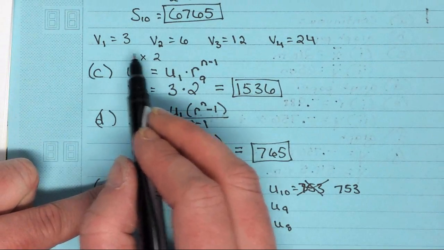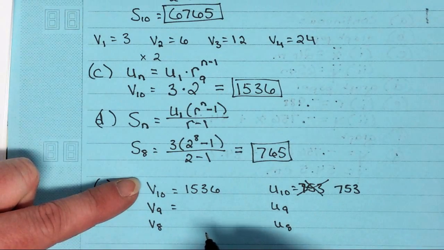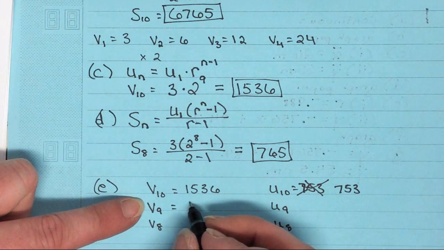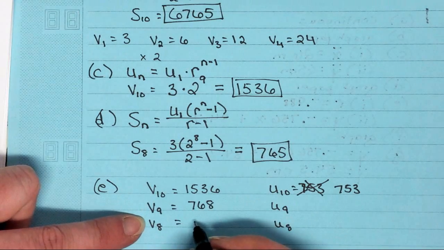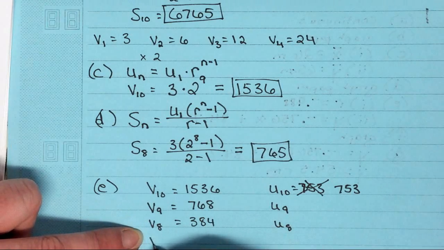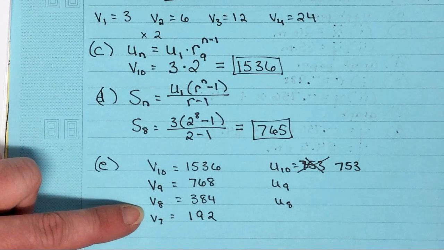And so I could work backwards. On V, we were multiplying by 2 each time, so to work backwards I would divide by 2, so this would give me 768, 384, 192. Am I doing that right? Okay.